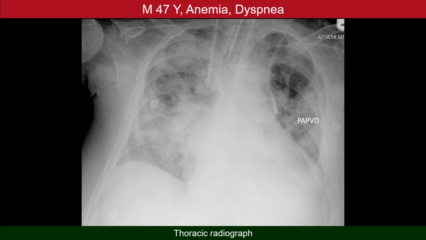This is the left atrium with the two pulmonary veins on the right, one pulmonary vein on the left, and anomalous left upper pulmonary vein draining to the innominate vein, and from there to the superior vena cava and the right atrium.